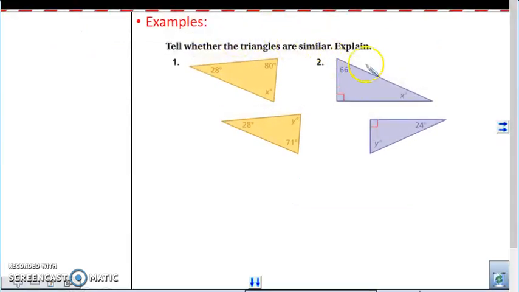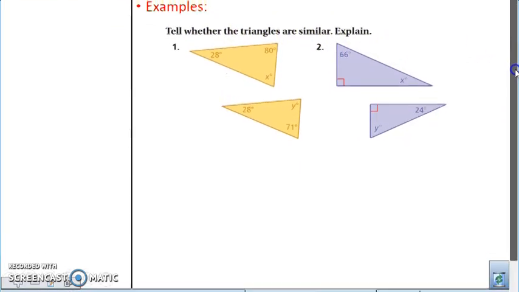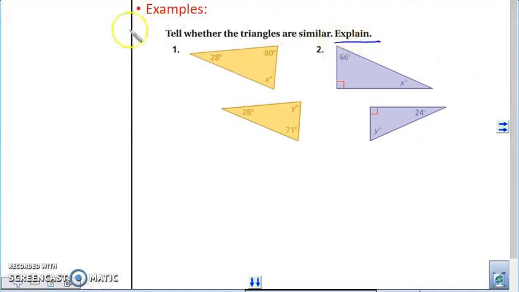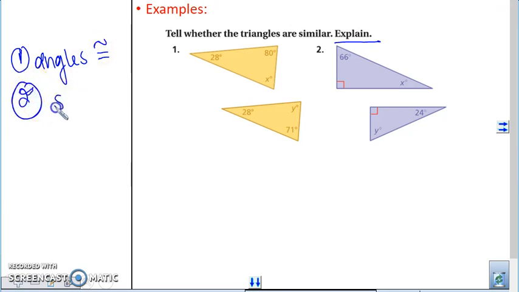Example 1, tell whether the triangles are similar and explain. Similar. Again, no longer just saying same shape, different sizes. Angles have to be equal, congruent. This is the symbol for congruent. And sides proportional.